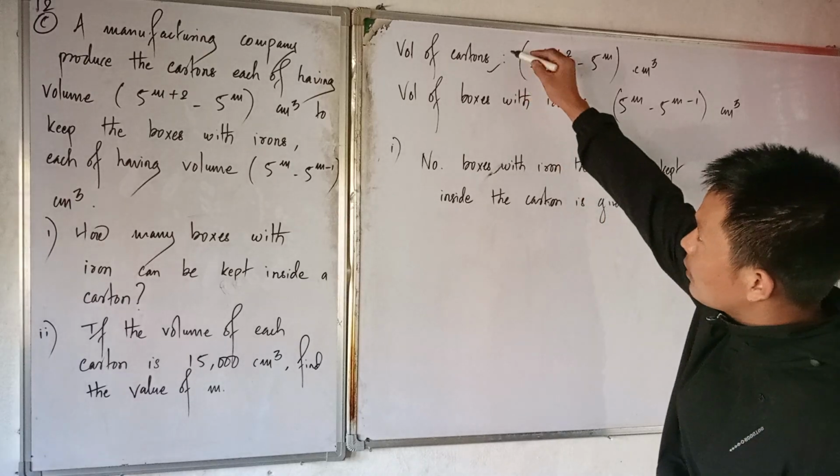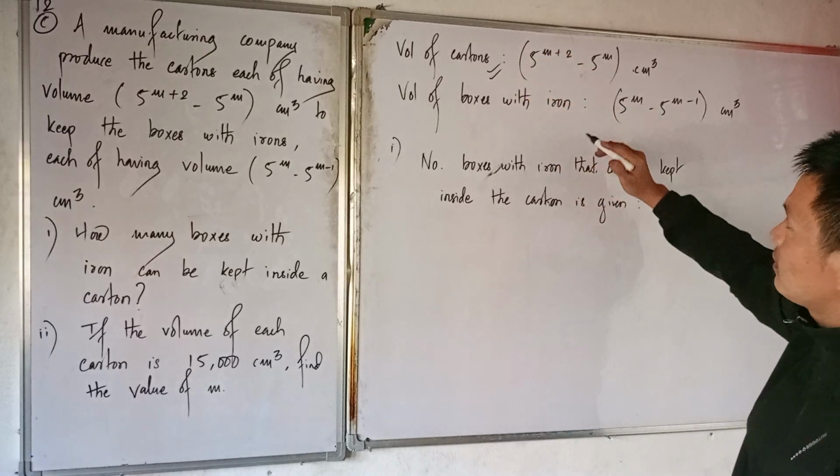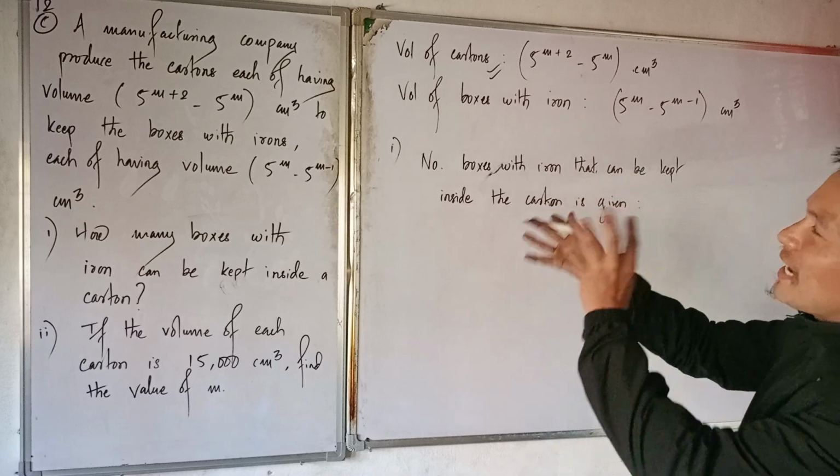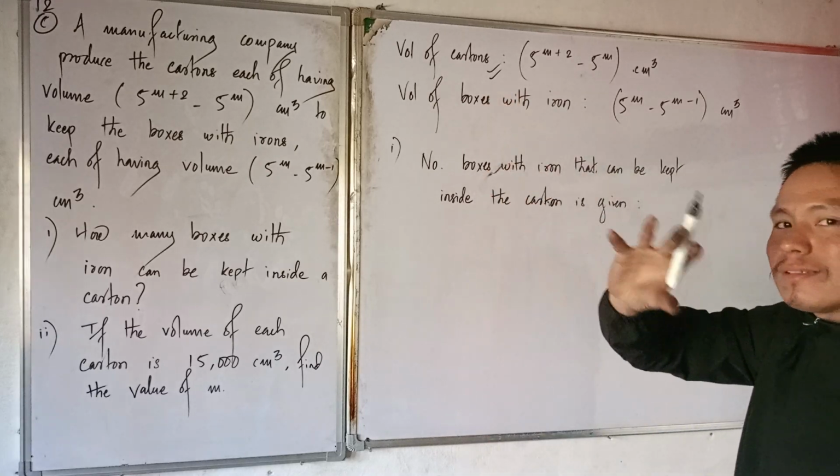So this carton has to have the biggest volume, and that which is to be kept inside the carton will be the least volume.